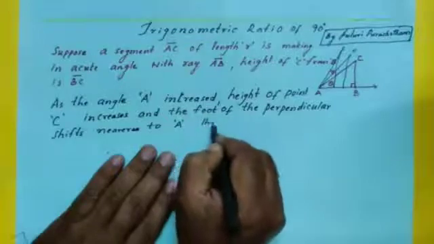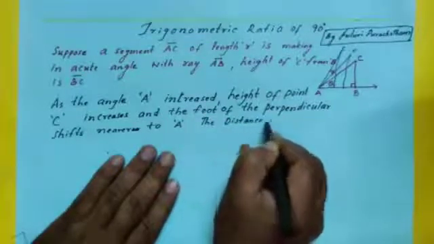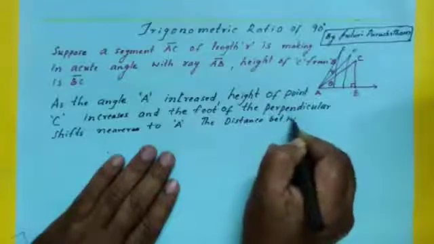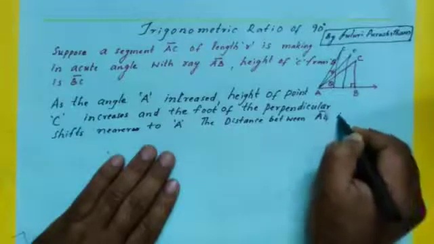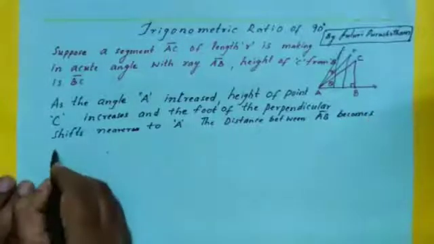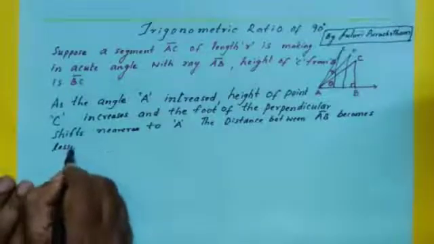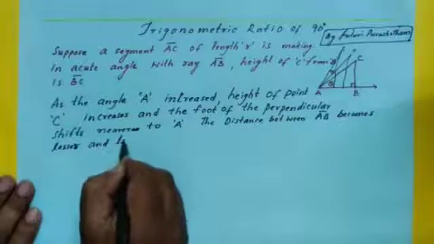The distance between AB becomes lesser and lesser. Is it clear?